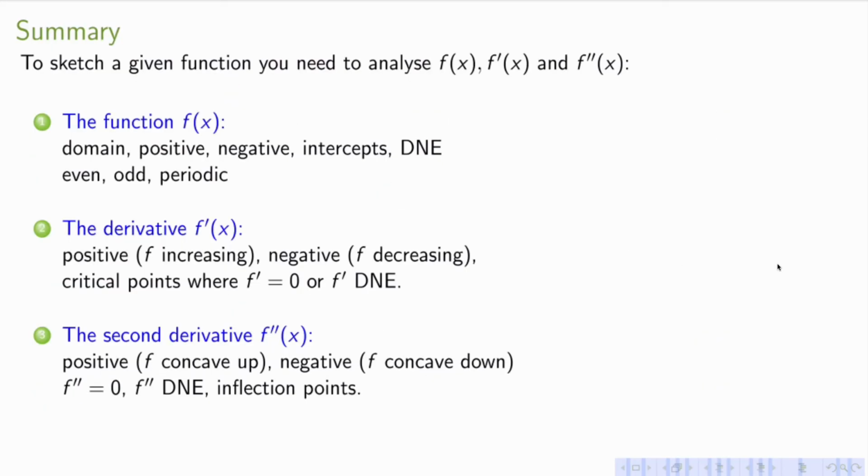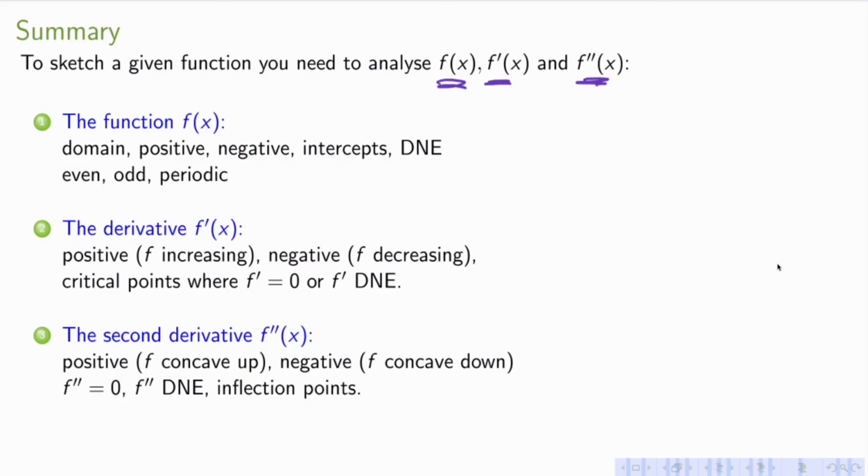So let me summarize. To sketch a given function, you really do need f, f prime, and f double prime. The function f tells you something about the domain, positive, negative, intercepts, does not exist points, or it could be even or odd or periodic.